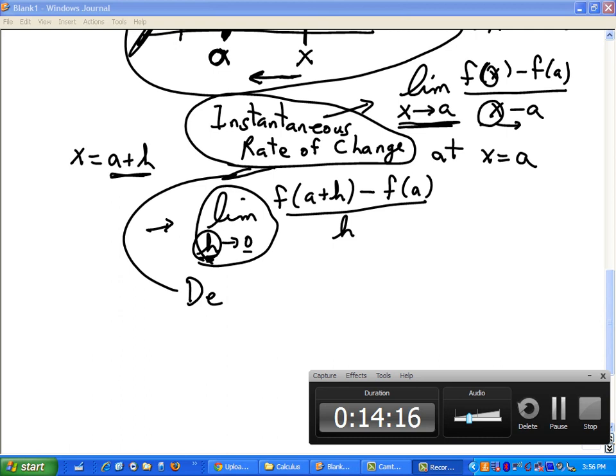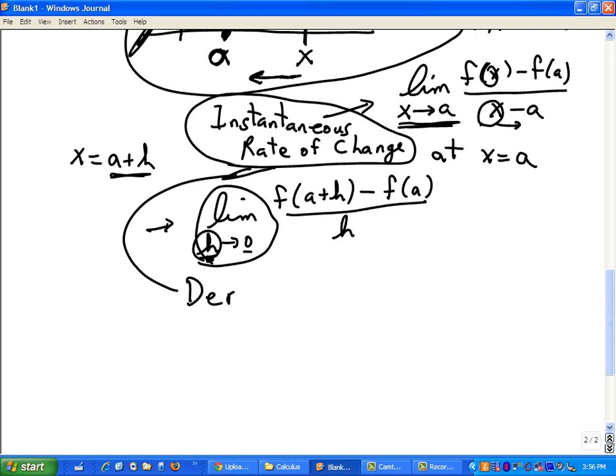So the derivative is the instantaneous rate of change. It is the limit of the difference quotient, however you express it. And in both of these cases, either one, we have a special notation for it. It's related to the function f. And what it's called is f with this little kind of hash mark.